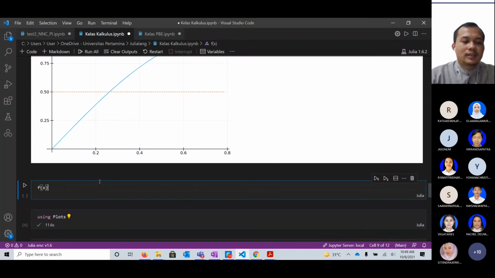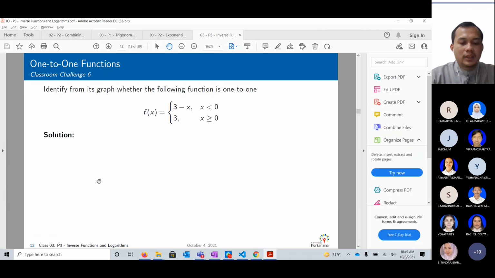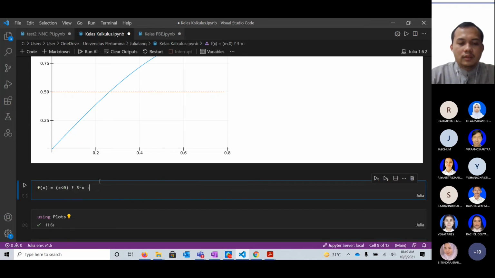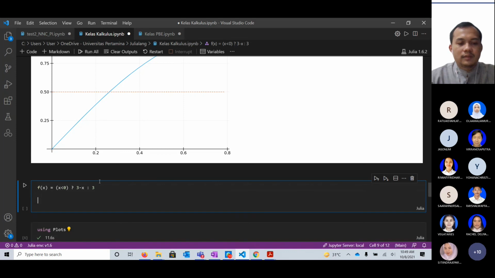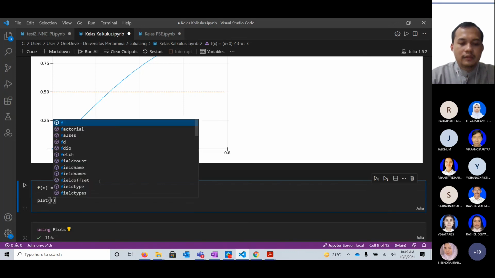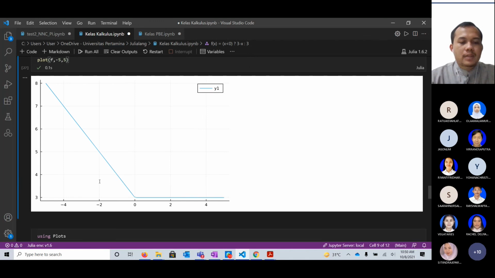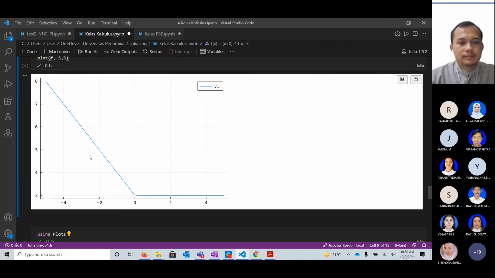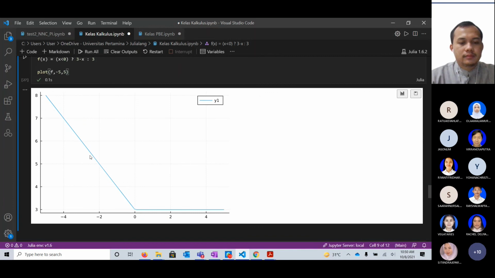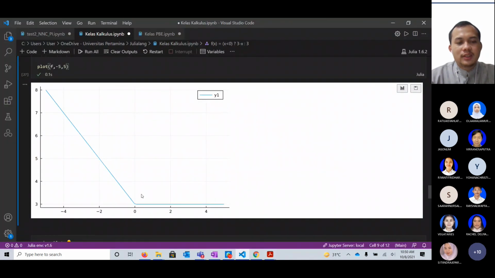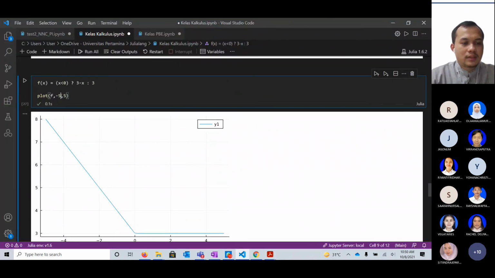So f of x is... x less than 0. If yes, then 3 minus x. 3. Plot f from, let's say, minus 5 to 5. The plot is like this. From this graph, okay, let's just plot it from minus 2 to 2.